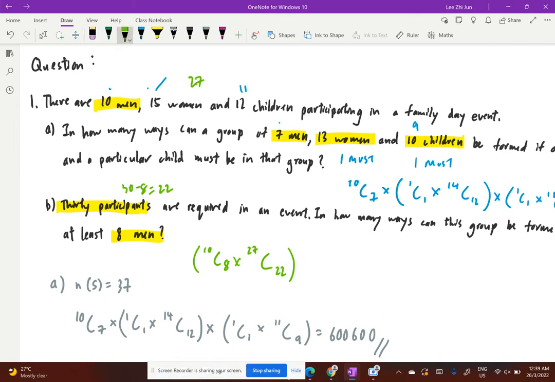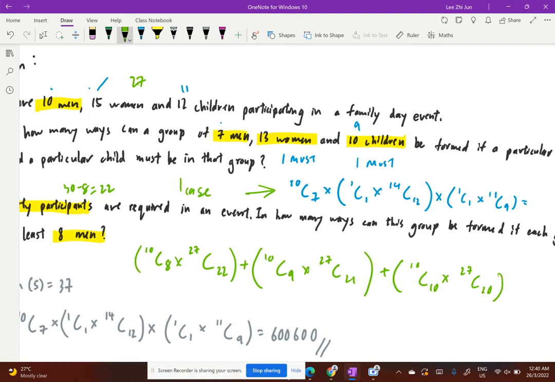For the previous case, we do not use plus because there is only one case. Here we have three cases. I can choose 8 men or 9 men, and I can choose all the men also. Just now there was just one case, the particular lady and child inside.